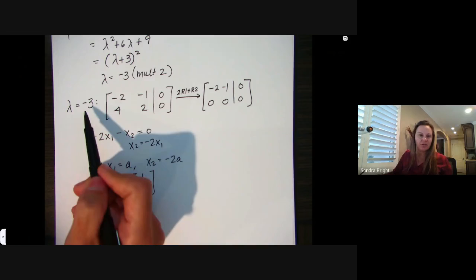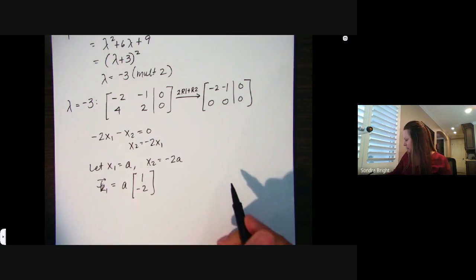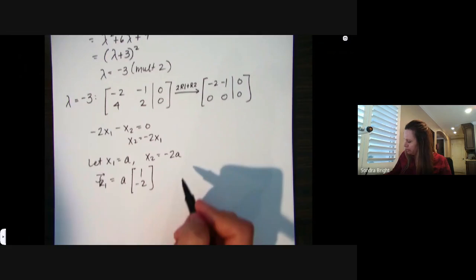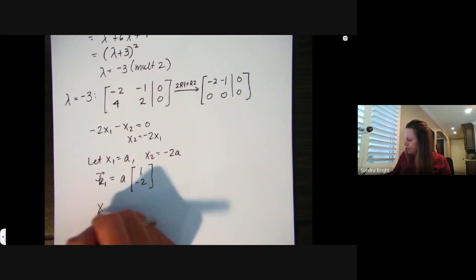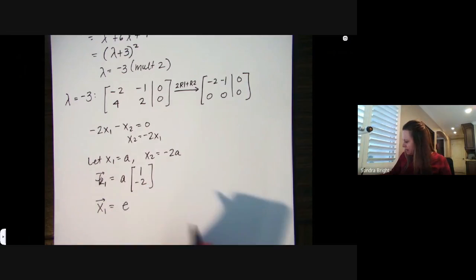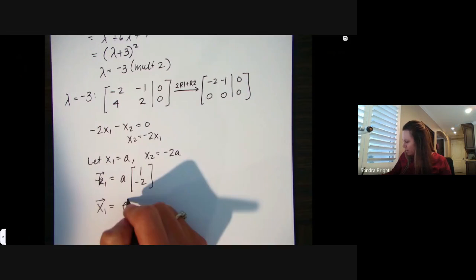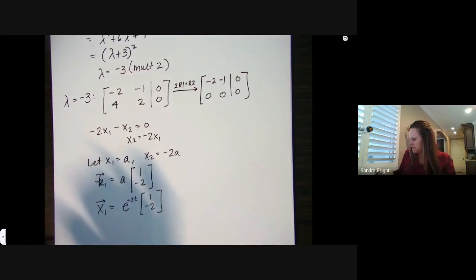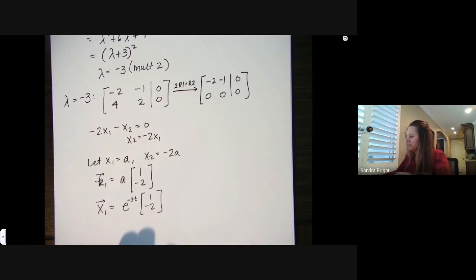So that means we've got to use this strategy of finding that second solution. So what does this mean? Okay, my first solution is e to the lambda t, so e to the negative 3t times k1, so 1, negative 2. So I've got one solution, right? And our final solution will be a linear combination of this guy and the second solution we're about to find.